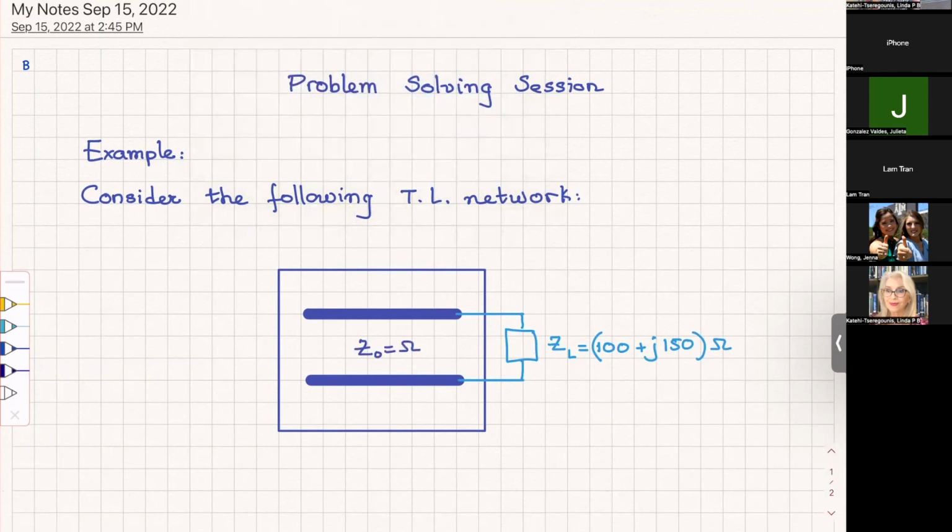And then on the other side it is connected with the source, which has an internal impedance of 50 ohms. And the source has 1 volt.